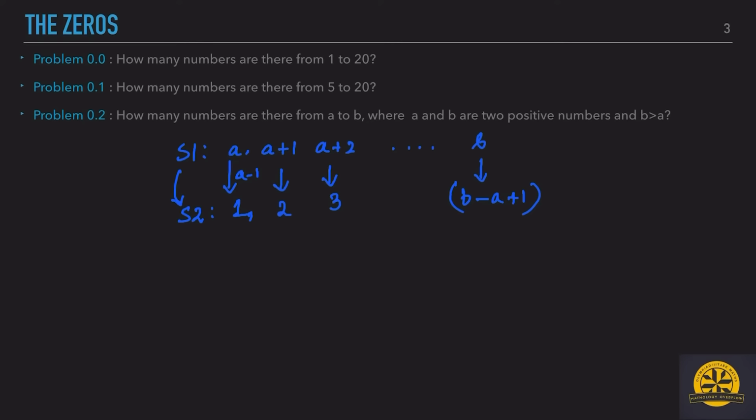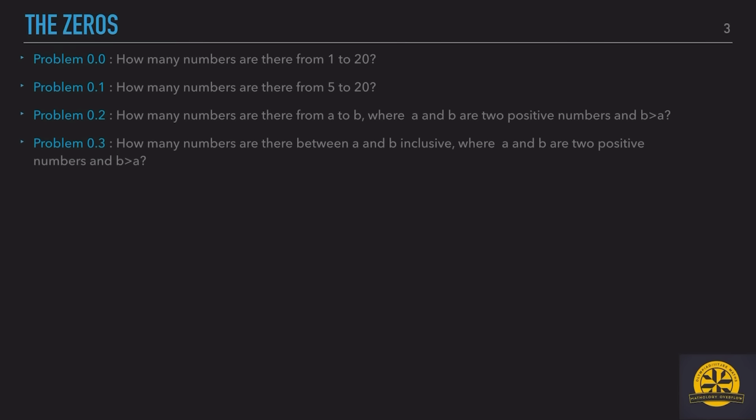Let's move on to the next problem. Well, there's a new term here, inclusive. It means A and B are included, essentially a reframing of the previous problem. The previous problem says how many numbers are there from A to B, and it included A as well as B. When we say how many numbers are there between A and B inclusive, it exactly means the same thing.